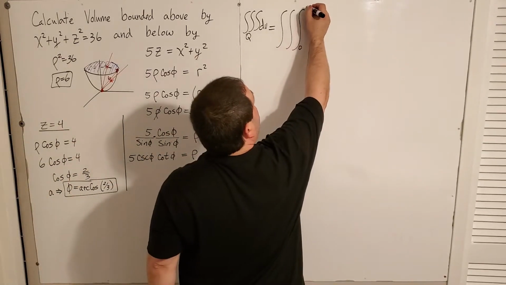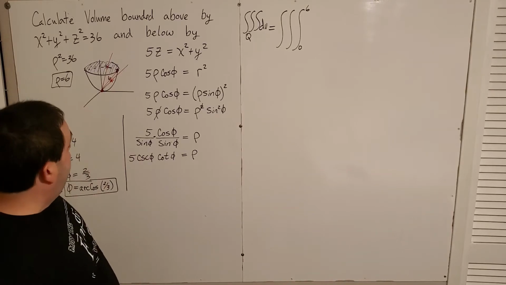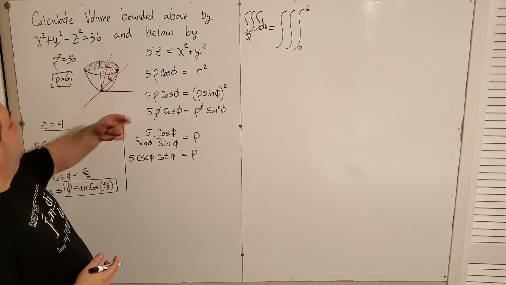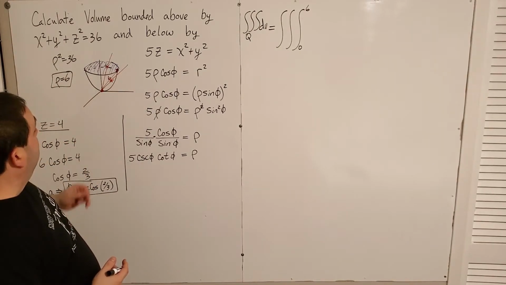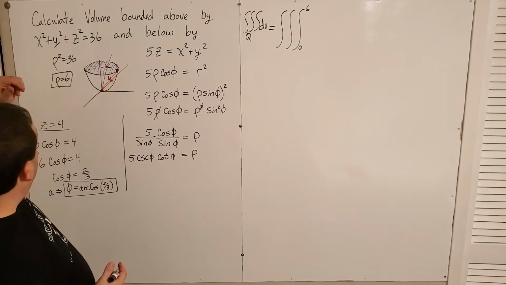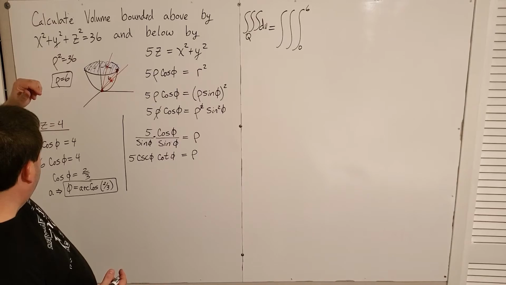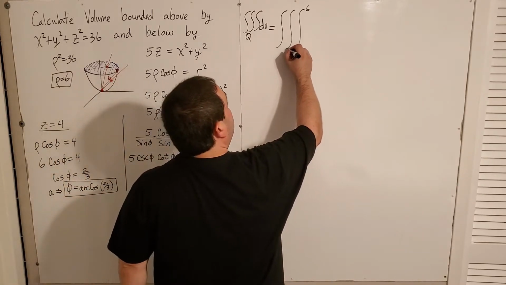Rho equals 6, right? Next, my theta, right? Theta is just going to go all the way around, from 0 to 2 pi. I don't think there's any other dependencies. Nope. From 0 to 2 pi.